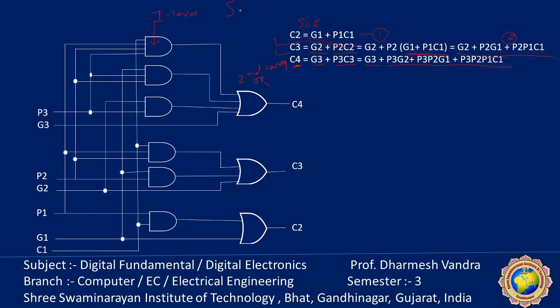This holds for C4, C3 and C2. So the three Boolean functions we obtained are implemented in the look ahead carry generator. This circuit is called a carry look ahead generator.